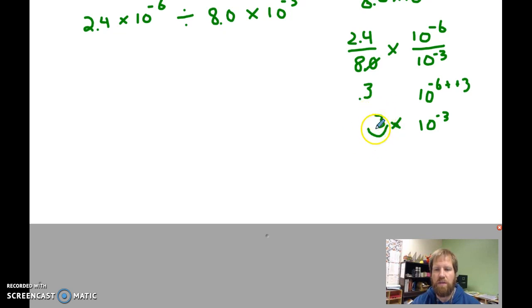If I'm making this part of my number larger, I need to make this part of my number smaller. So if I'm going over 1 to the right here, and making it 3.0 times 10, I need to decrease this by 1, because I moved my decimal place to the right 1. And so these two numbers are the same, but this is proper scientific notation.